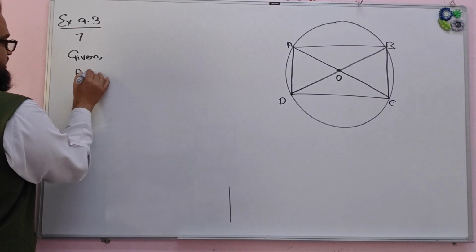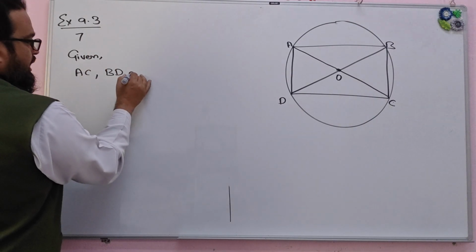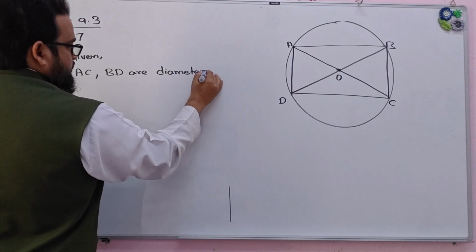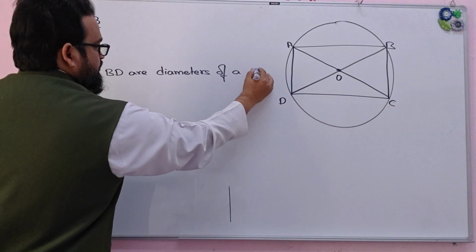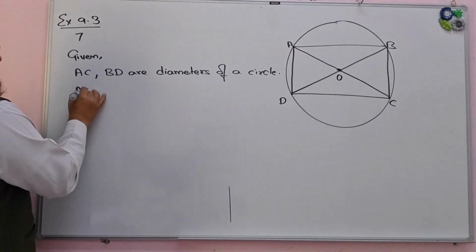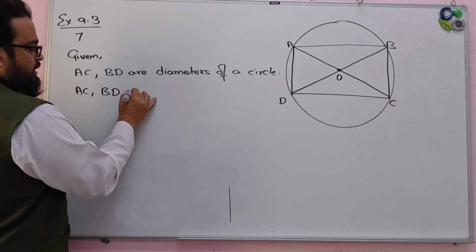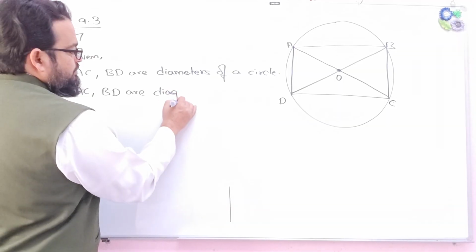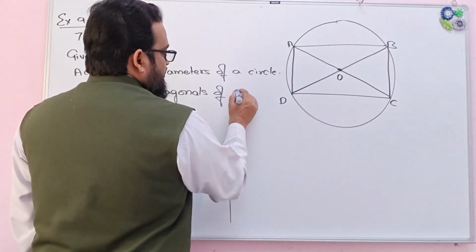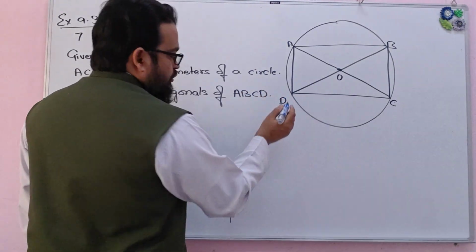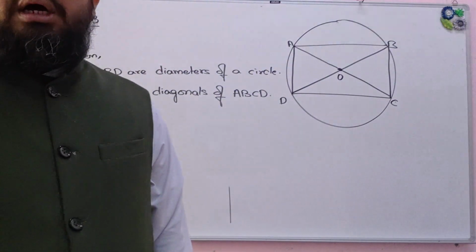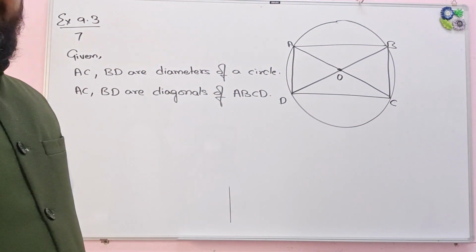It is given that AC, BD are diameters of a circle, and also we know that AC, BD are diagonals of quadrilateral ABCD. Now what are we supposed to prove? You have to prove that it is a rectangle.